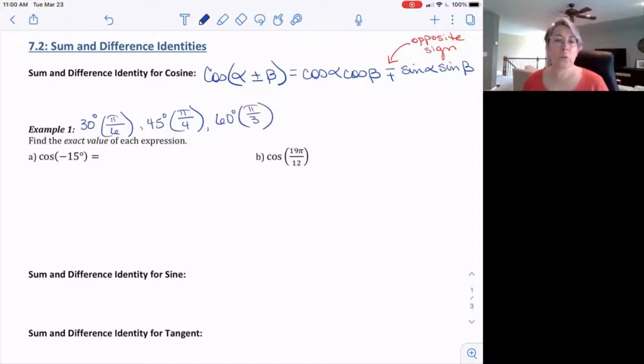So your goal is to rewrite any of those unrecognized angles as a sum or difference of one of the angles that we do know. So let's try the first one.